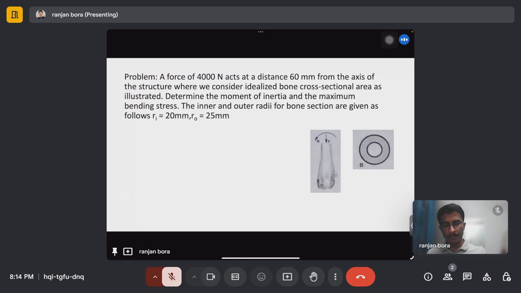Now there is a problem related to testing of bone.